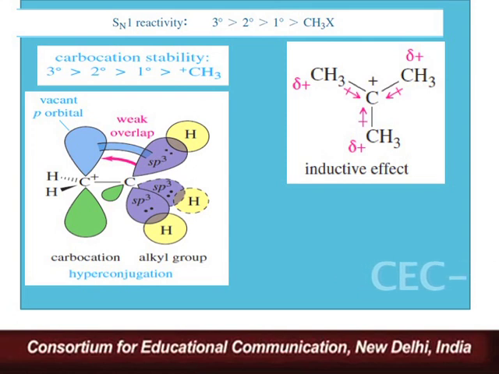Secondly, if we look into the hyperconjugative structure of ethyl carbocation, then we find that there is weak overlap between the vacant p orbital and the sigma bond at alpha position, that is the sigma bond between the alpha carbon and alpha hydrogen.